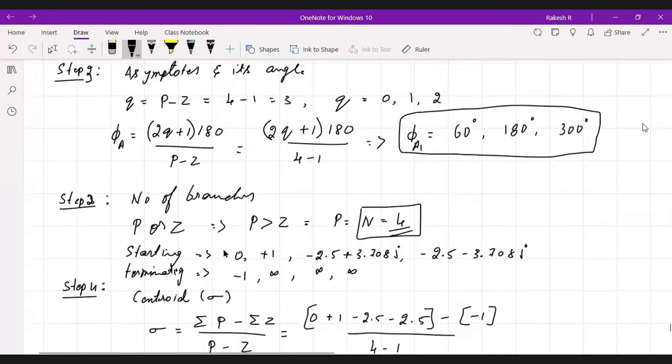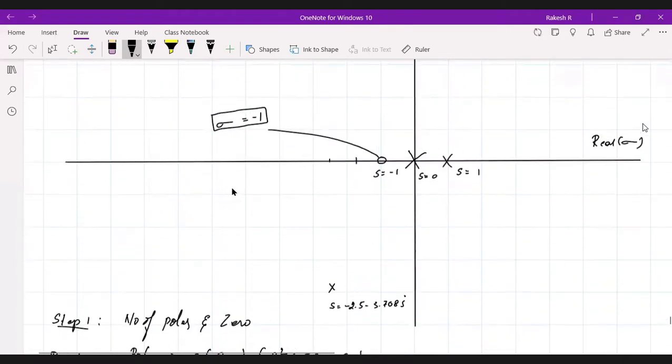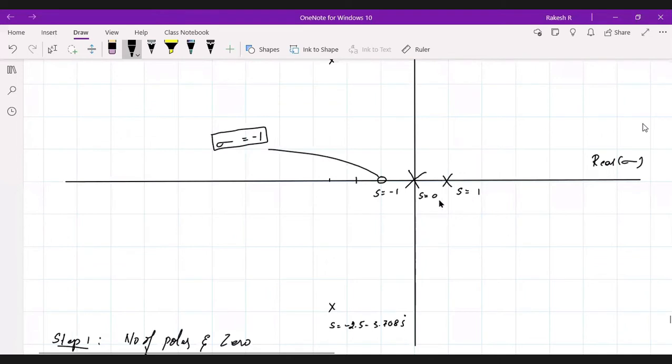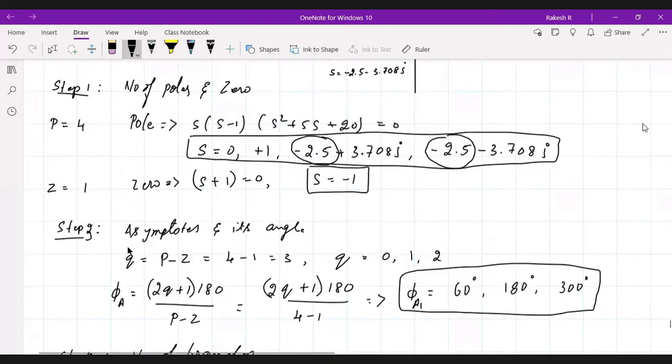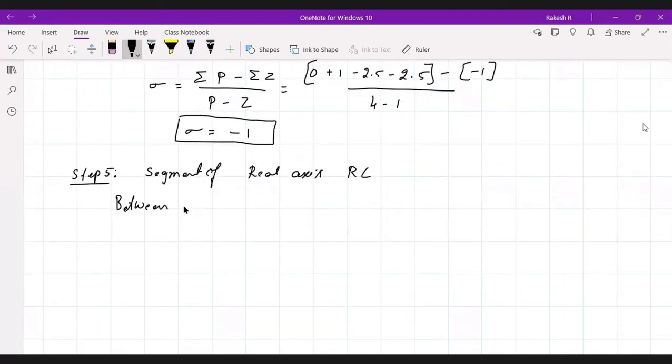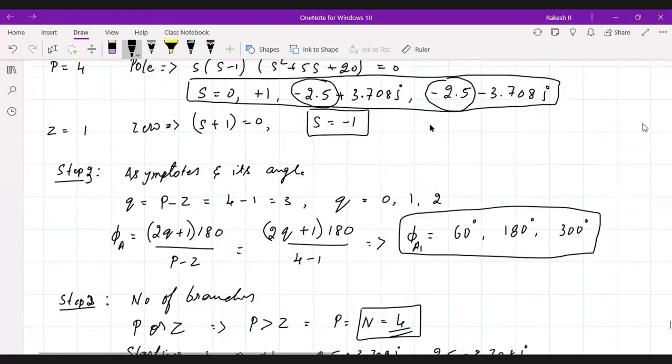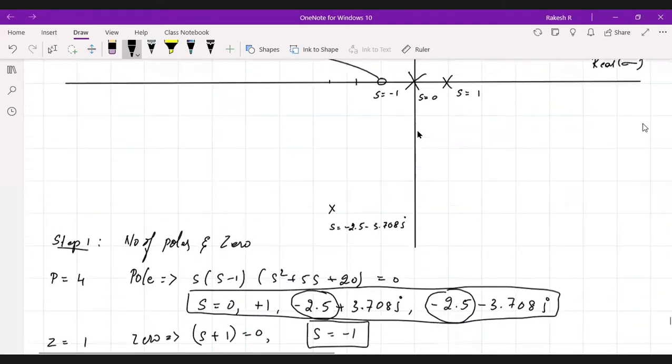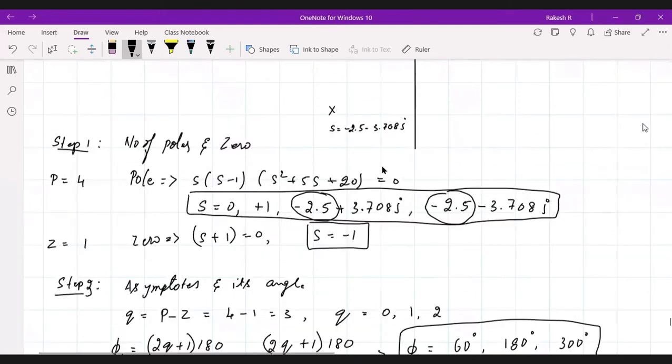To find that, first we check what roots we have on the real axis. We have 3 roots, that is s equals 1, s equals 0, and s equals minus 1. For this, we need to check whether the root locus exists or not. First, in between 1 and 0, we check whether the root locus exists.